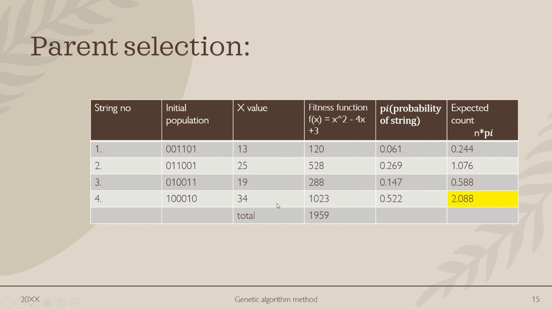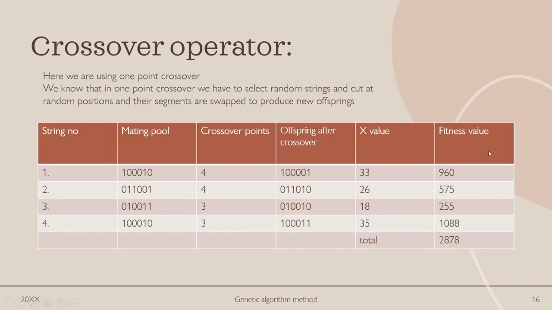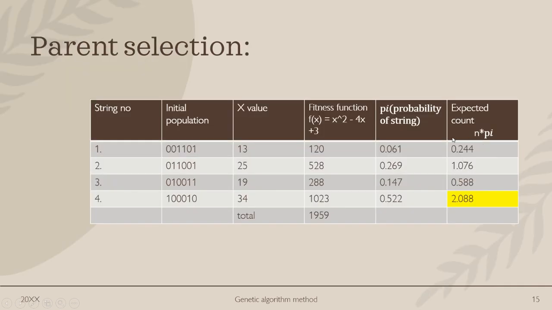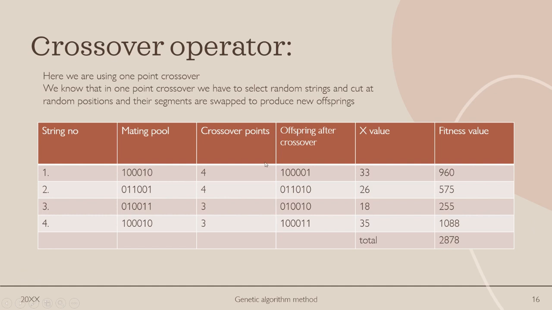Here we observed that 34 has the highest expected count, that is, the highest probability of being selected, and 13 has the lowest expected count, which has less probability of being selected. That means it is the weakest among the given population, so it will be eliminated from the table, and the remaining chromosomes will be sent to the mating pool.